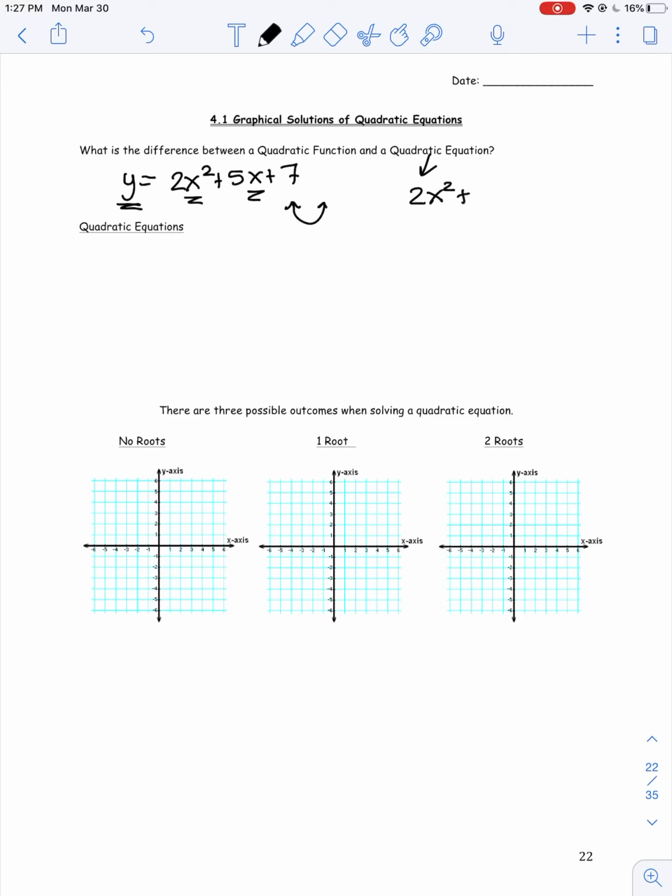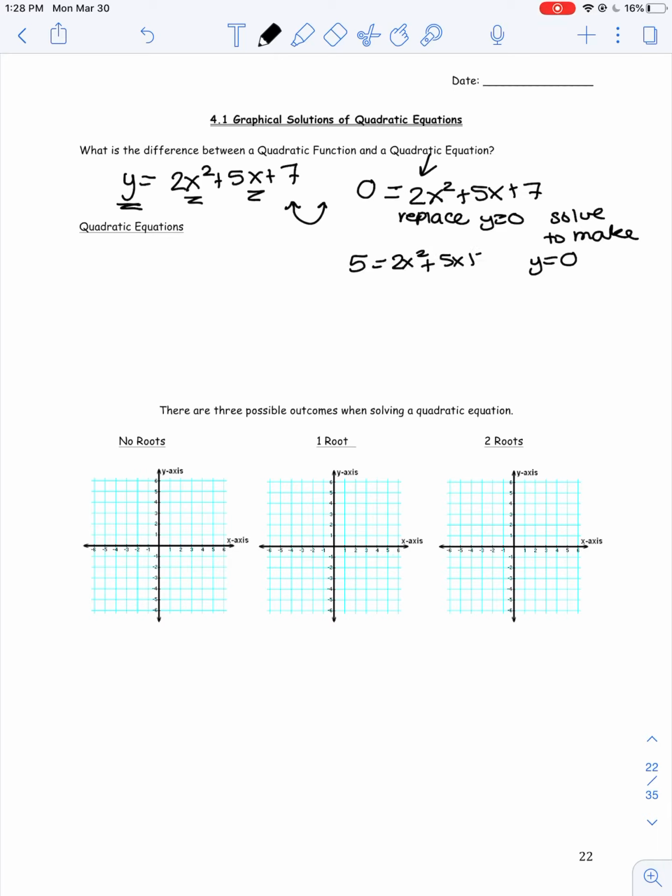Versus a quadratic equation is where you go 2x squared plus 5x plus 7, so you still have the same right side, but the left side will be 0. You're going to replace your y with 0, or you solve to make y 0.